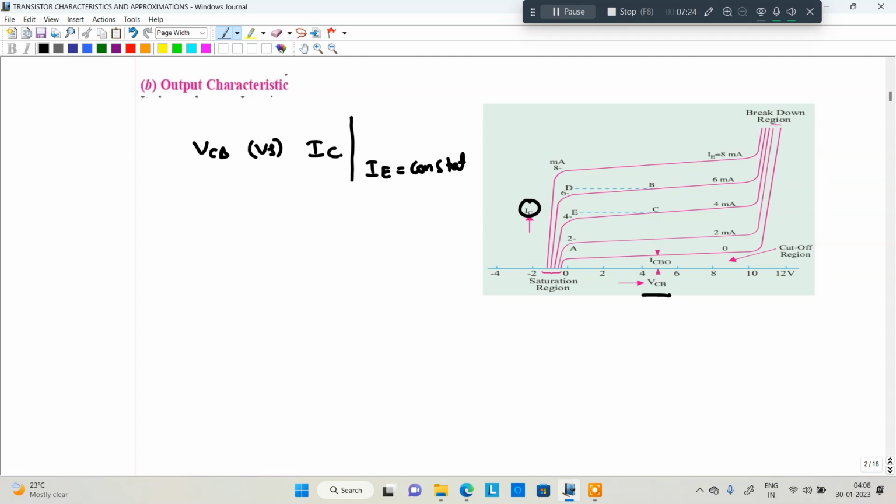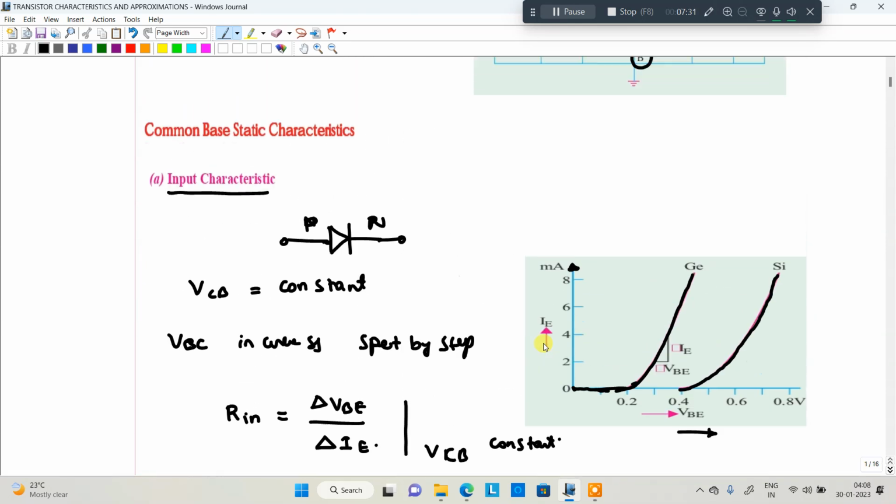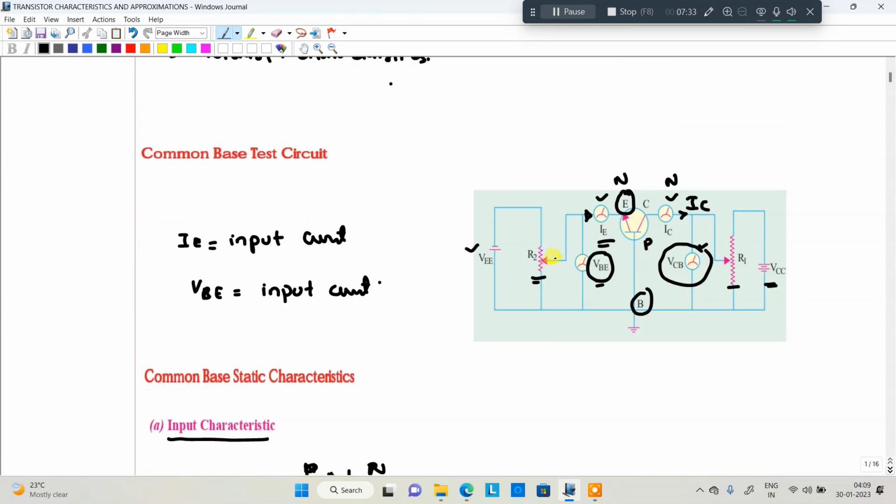Okay. So let's see what exactly happens. Now what I am doing is keeping the input voltage VE at some value. Whenever I keep some input voltage, IE also maintains some value.